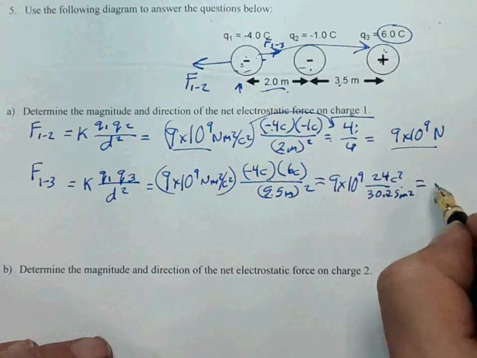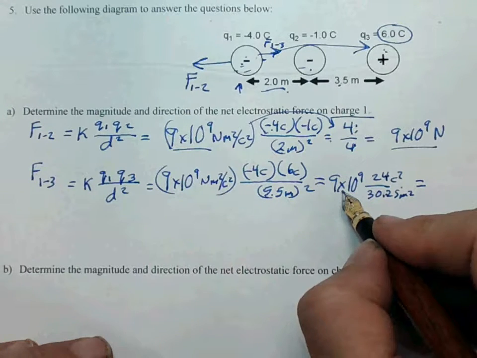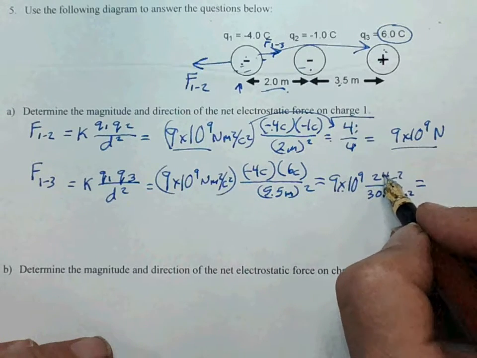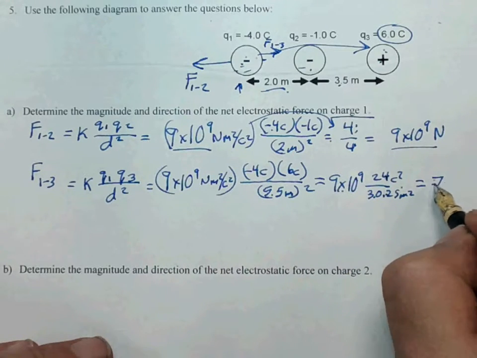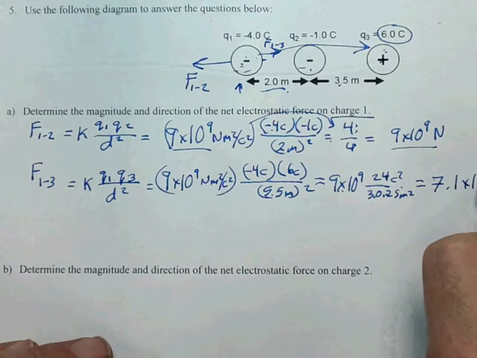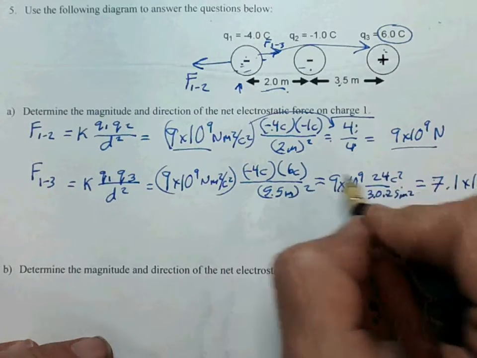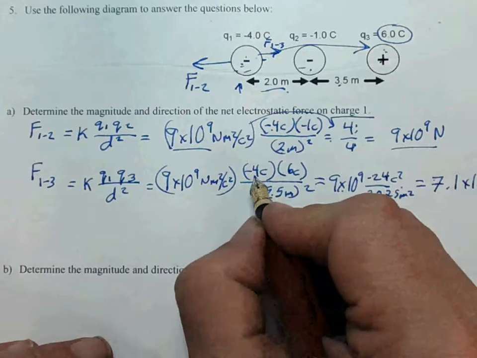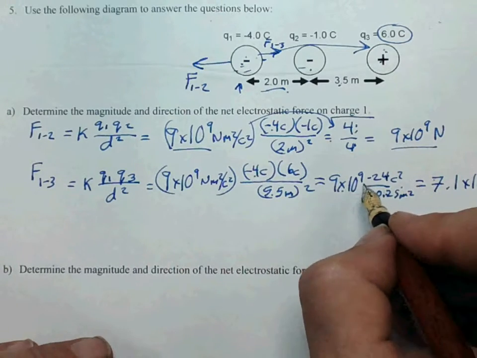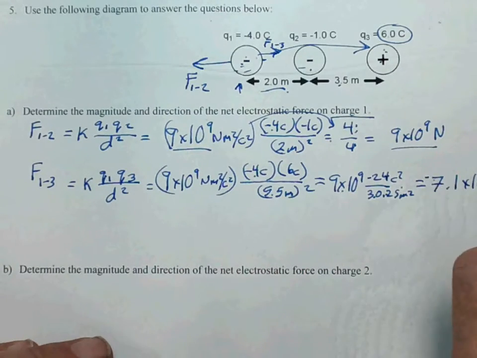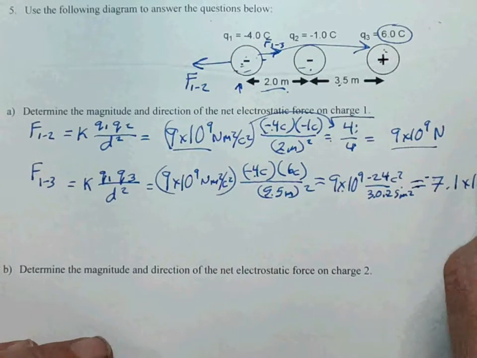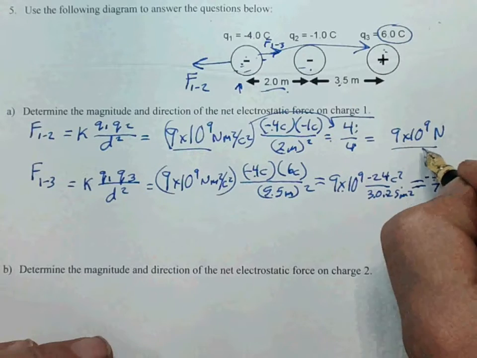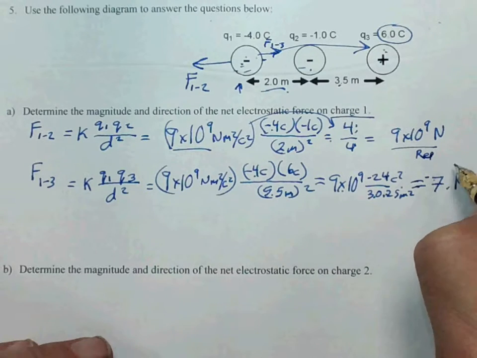But let's see what this force is. 9 times 10 to the 9th times 24 divided by 30.25, and we get 7.1 times 10 to the 9th newtons. And this is negative because we have a negative sign here. The negative sign doesn't indicate the direction, it only indicates that this is attractive. So this is repulsive and this is attractive.